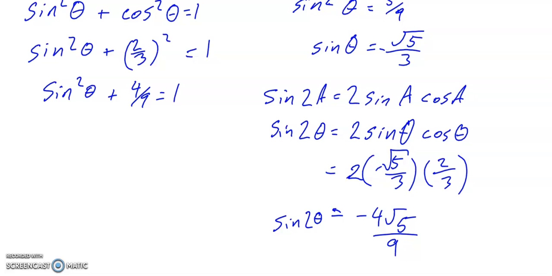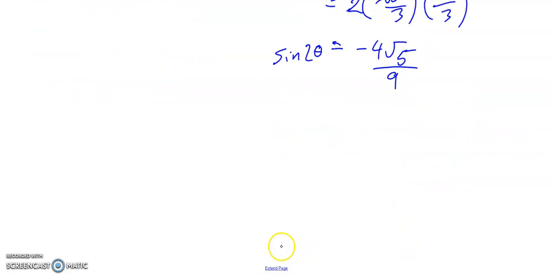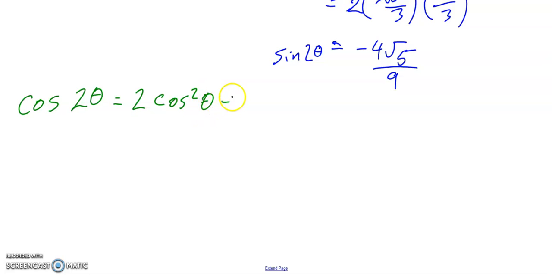They also wanted cosine of 2 theta. So I'm going to give myself a little more room. I'm going to switch colors so we can keep our work straight. We were told that one of our formulas for cosine 2 theta just uses cosine, so I don't have to use sine again. I'm going to say 2 times cosine squared theta minus 1.